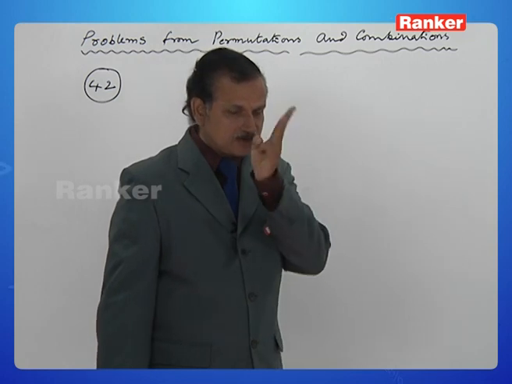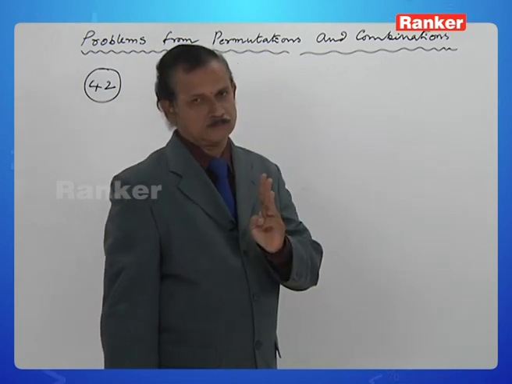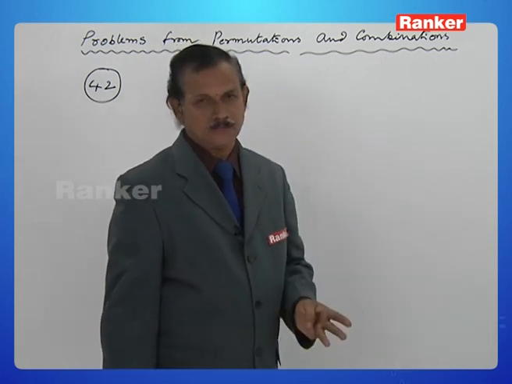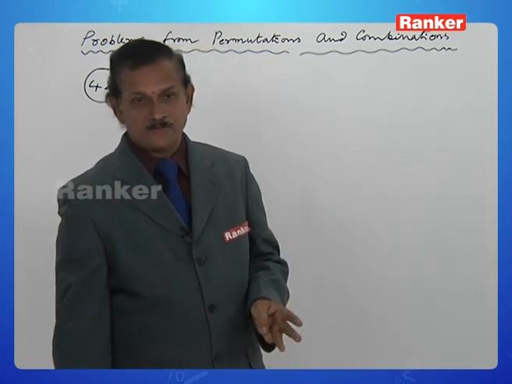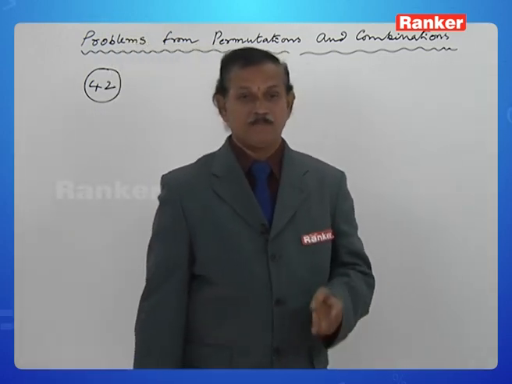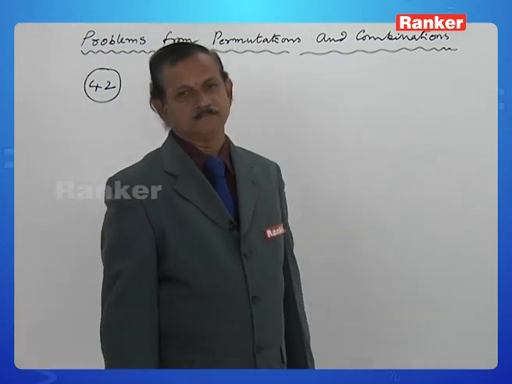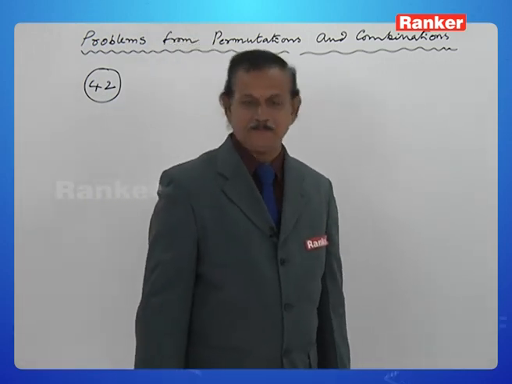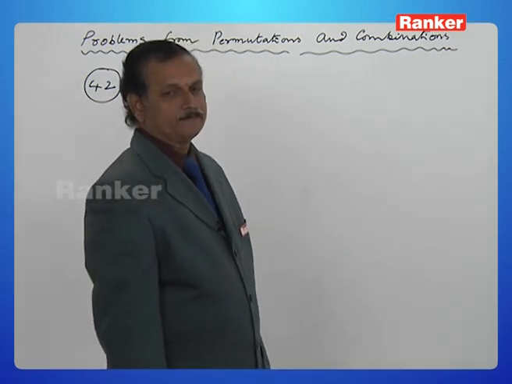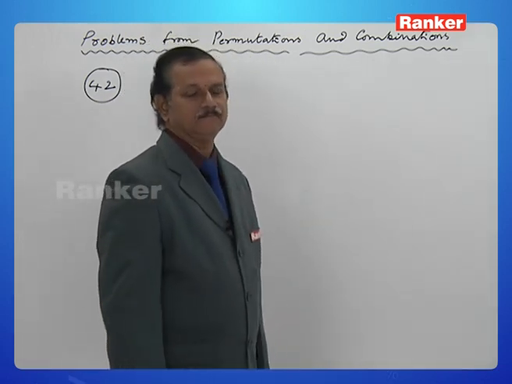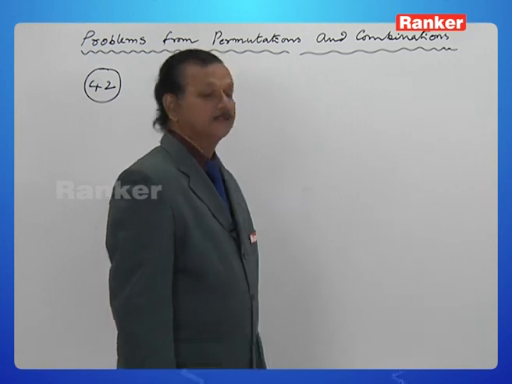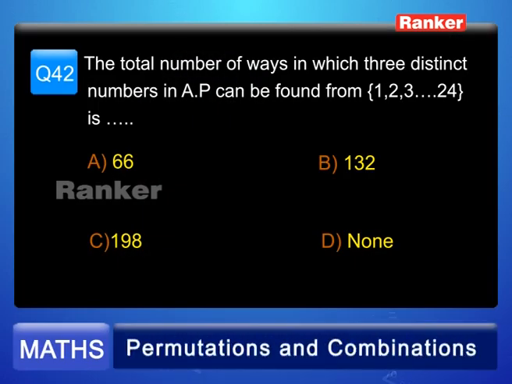You are supposed to choose 3 natural numbers, say A, B and C. They must be distinct and they must be in AP. So, how can we choose them? Let us have a check. Option A is 66, option B is 132, option C is 198, option D none.